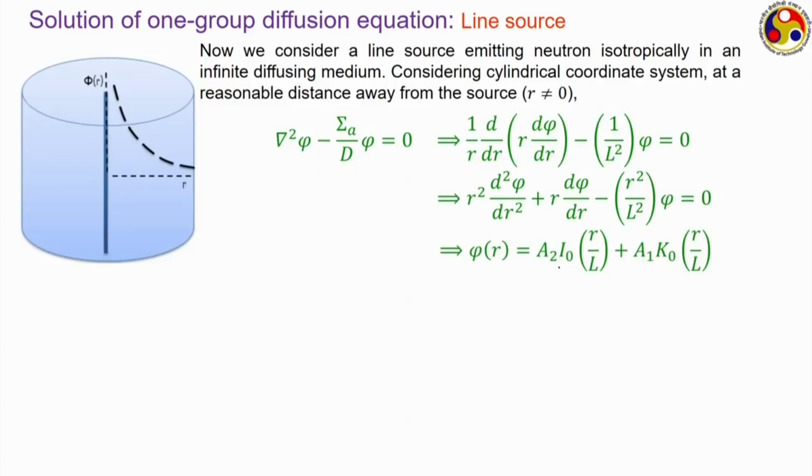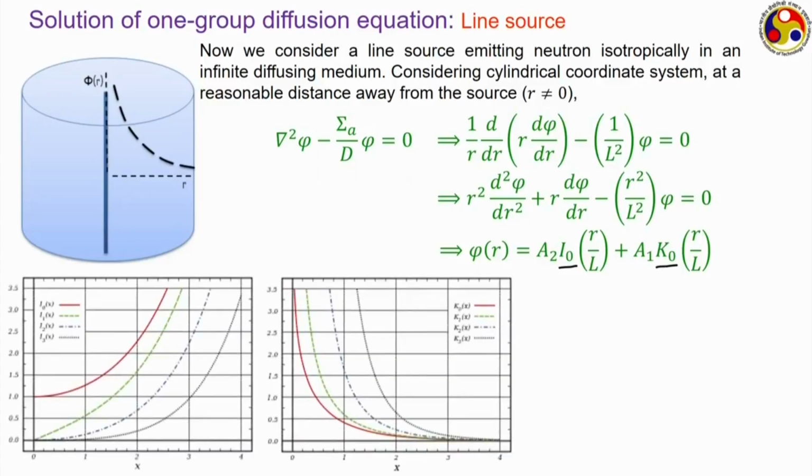Here I naught is the modified Bessel function of the first kind and K naught is the modified Bessel function of the second kind. Both of them have a very standard form, which I do not want to repeat here, but the graphical representations are like this. Here I naught and K naught refer to only the 0th mode; they can have several modes, like shown in the graph on the left.